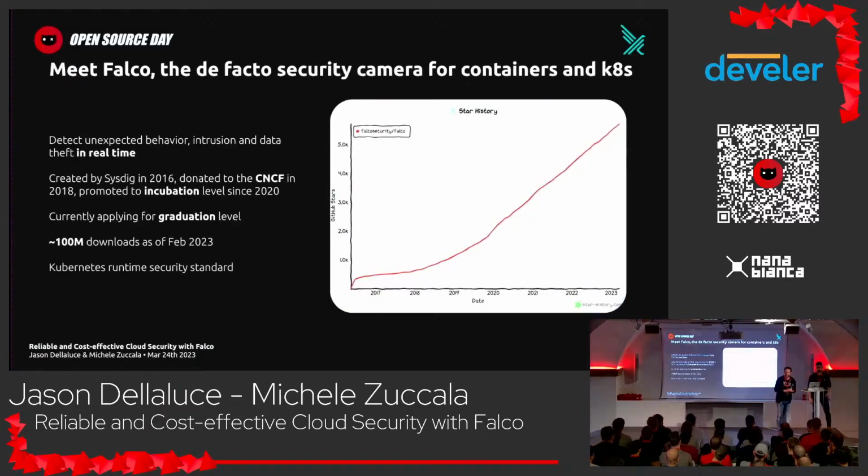Basically, this is exactly what Falco does. Falco is a CNCF project. It's the de facto standard in runtime security, which is exactly the term that we use to identify that kind of behavior where you observe and react to malicious threats in real time.